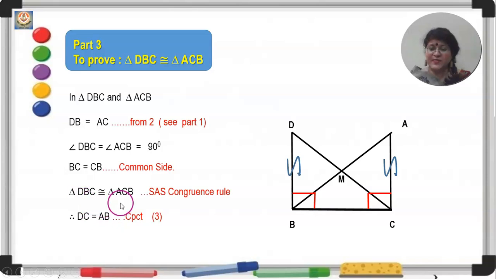So write down the CPCT, BC congruent to AB. Students, what you realize in this question is that for every part there is a CPCT, and the CPCT of the first part you're using in the second part, the CPCT of the second one you're using in the third, and the CPCT of the third you're going to use in the fourth part. Let us have a look.